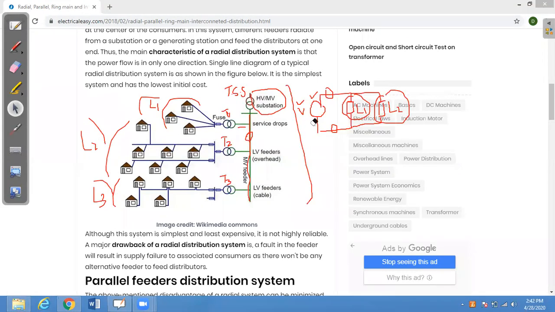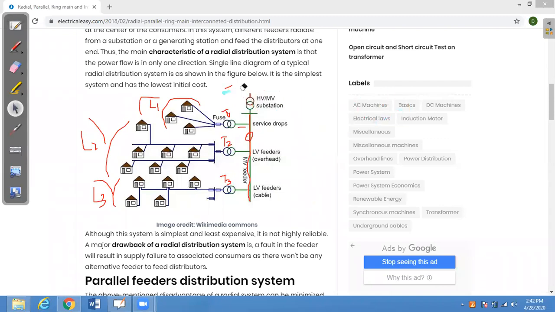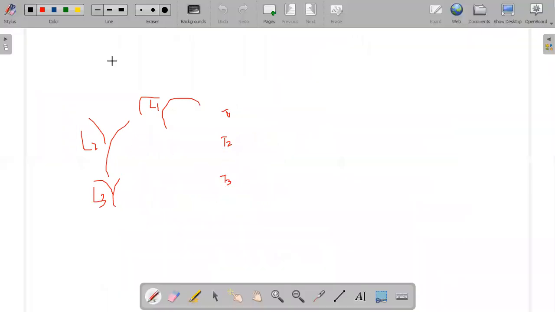Similarly, I can explain this radial distribution system like this as well. This is also an example of a radial distribution system. For example, if I draw it over here, I have this substation, the transmission substation.